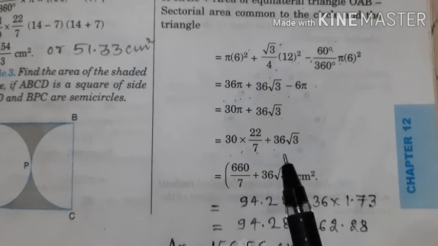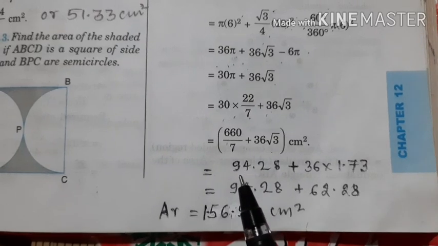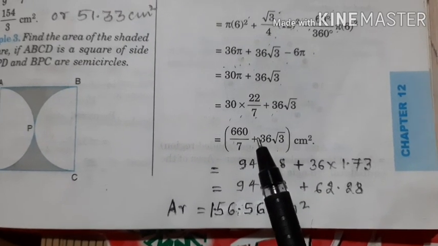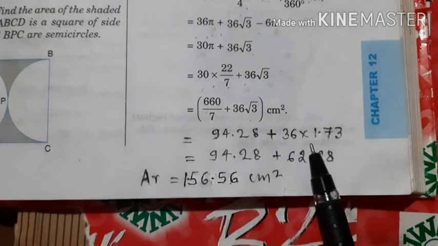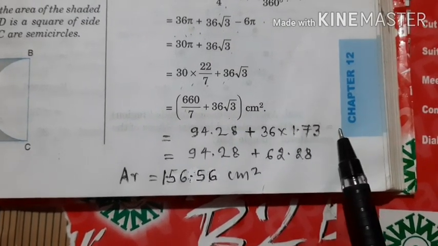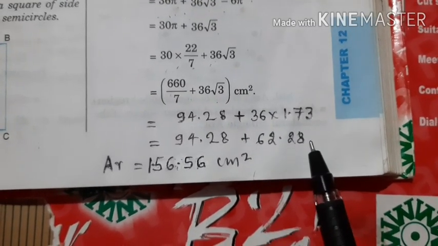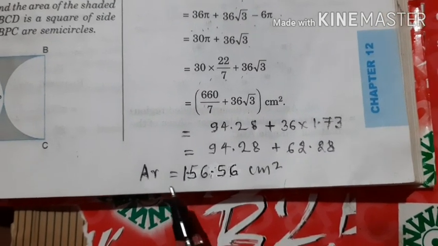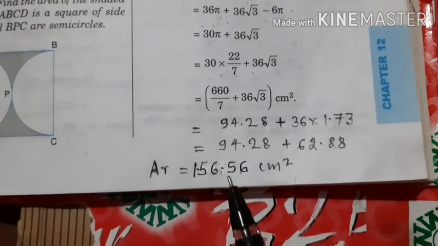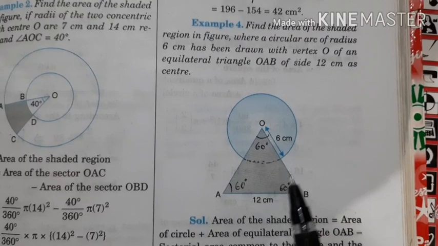So children, 660 upon 7 is 94.28, plus 36 into root 3, where root 3 is 1.73. 36 into 1.73 is 62.28, plus 94.28 is equal to 156.56 centimeter squared, which is the area of this shaded region.